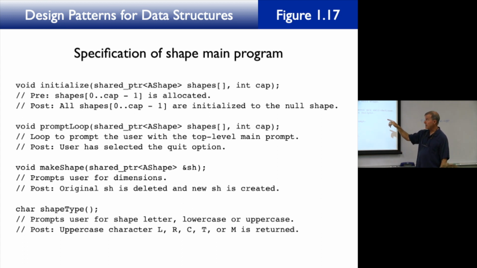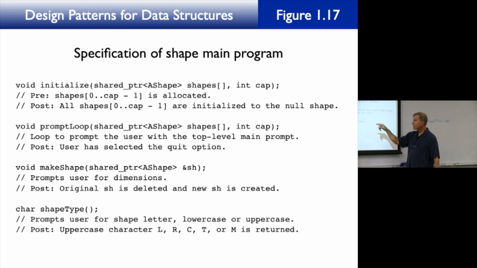So initialize is a function that the main program calls at the beginning to initialize everything, and here the precondition is that shapes[0..cap-1] is allocated. cap is a variable that the main program passes that determines the capacity of the array. In this case, the capacity is 5, because remember it says 0 to 4, pick a shape, so the actual parameter is going to be 5 in this example.